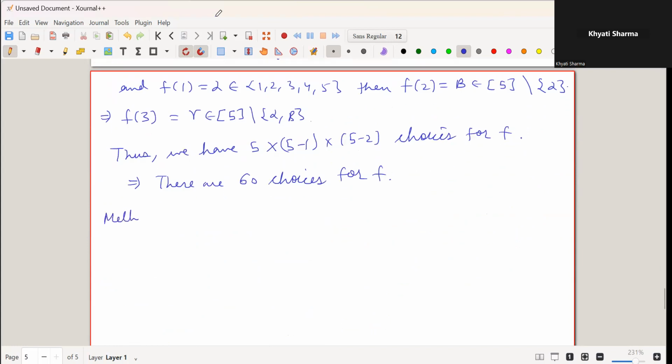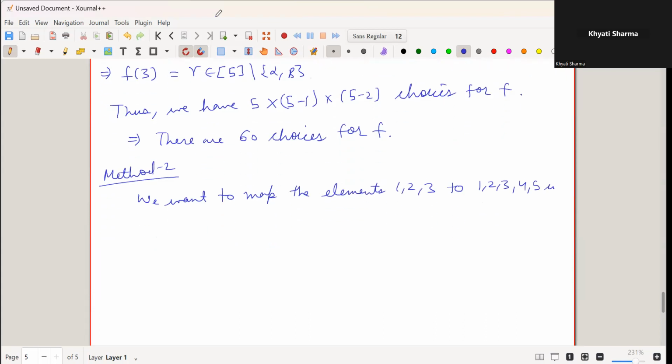The second method to look at it is like that. We want to map the elements 1, 2, 3 to 1, 2, 3, 4, 5 in an injective manner, right?